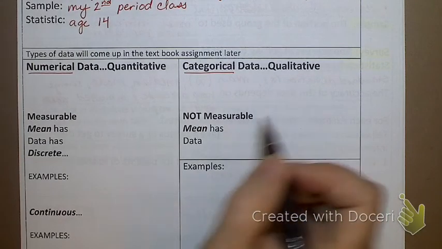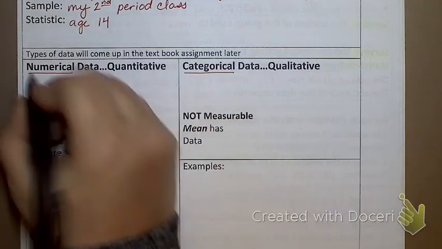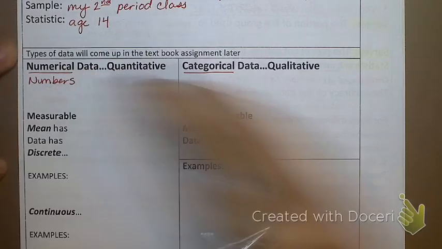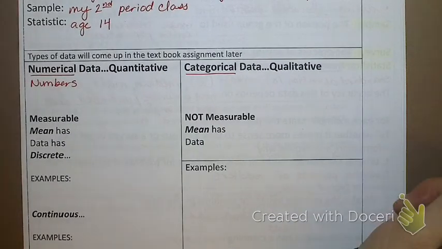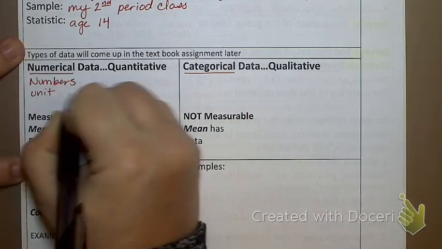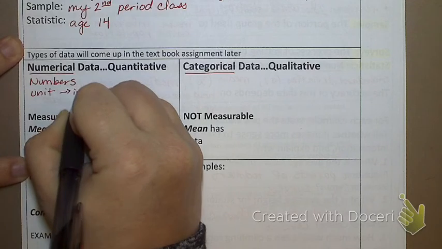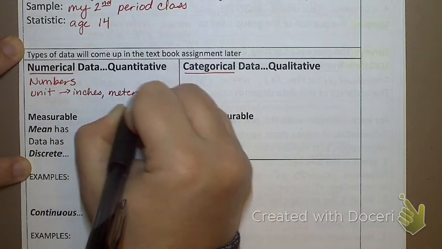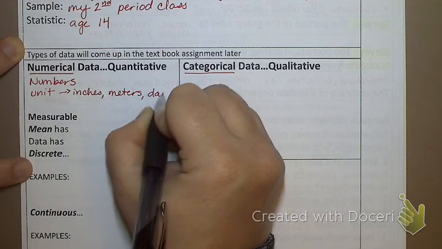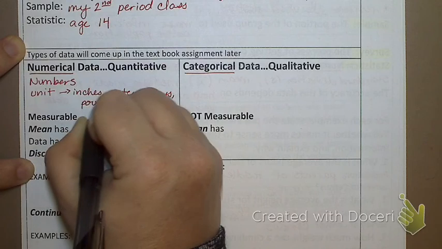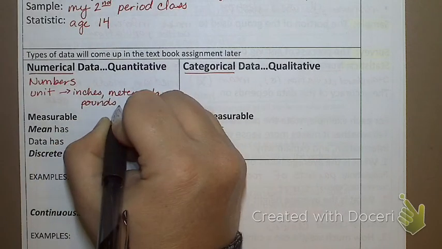So starting off with numerical data. Numerical data is, shockingly, numbers. Whoa. I know, it's amazing. It usually has some kind of unit with it, such as inches, or meters, or days, or pounds, or seconds, or you name it.